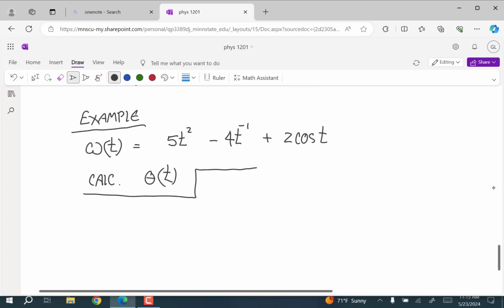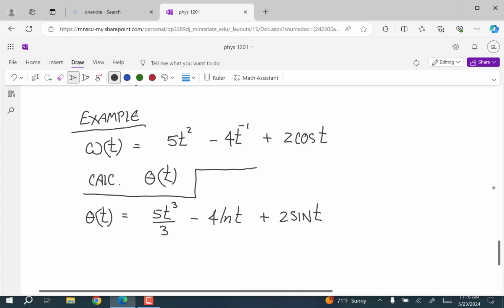Well, we're just going to go term by term. And so the angular position as a function of time is equal to 5t to the third over 3 minus 4 times the natural log of time plus 2 times the sine of t.